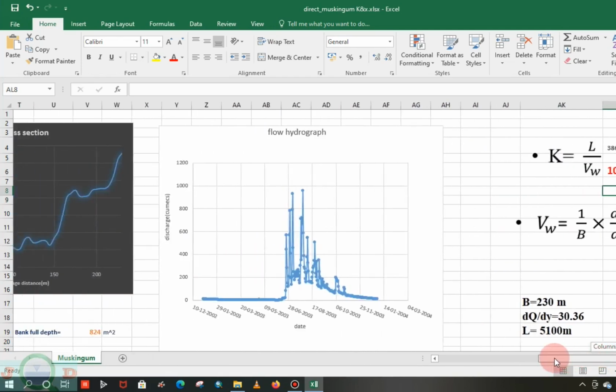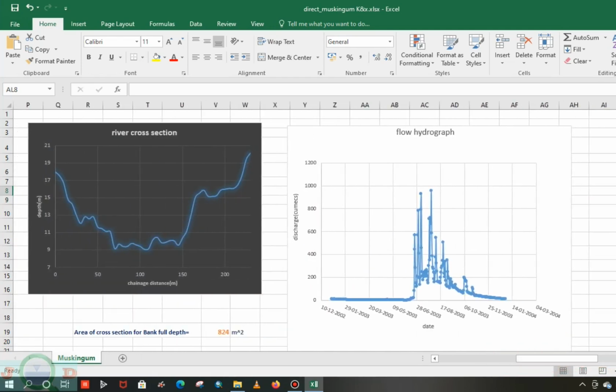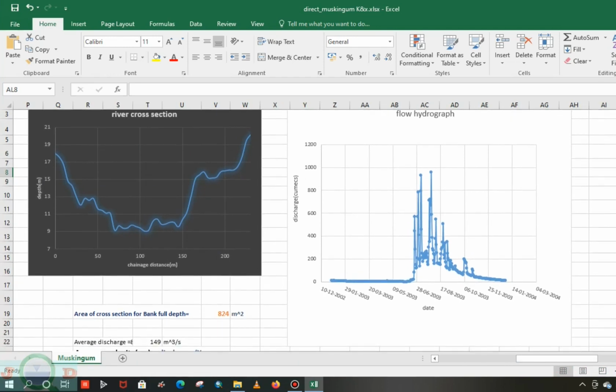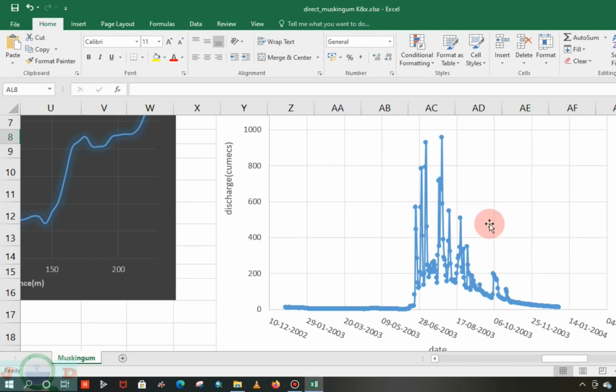If I move to this inflow hydrograph, you can see this one is the minimum discharge and this one is the maximum discharge. In between you can take this one, near to this one, you can adjust that reference discharge.